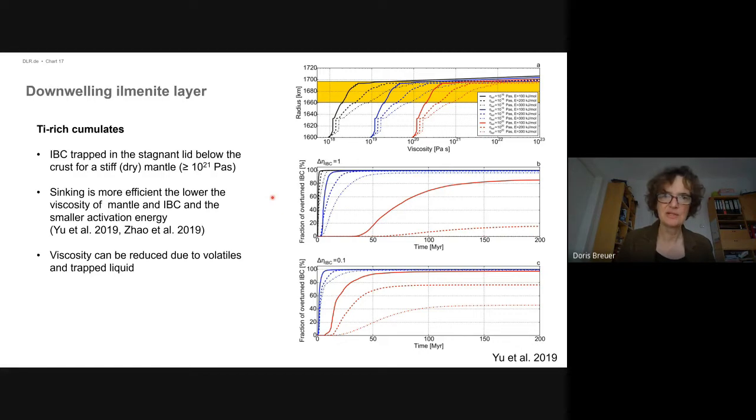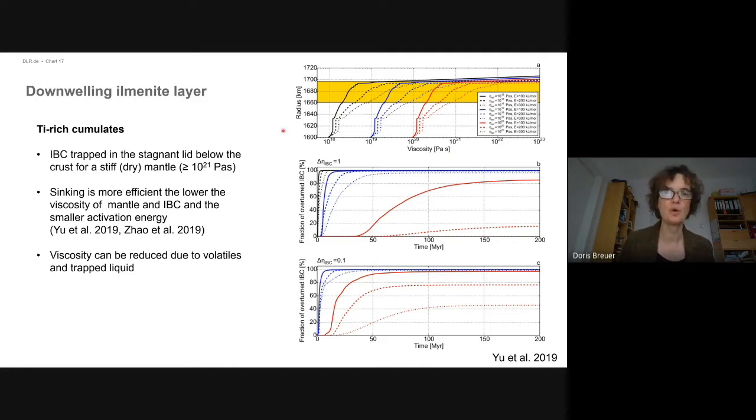And what you can't see, because we haven't plotted it here, is that for a high viscosity higher than 10 to the power of 21, which would be similar to a stiff and dry mantle, there is no line indicated here, but for all these models, the IBC would stick in that layer below the surface.